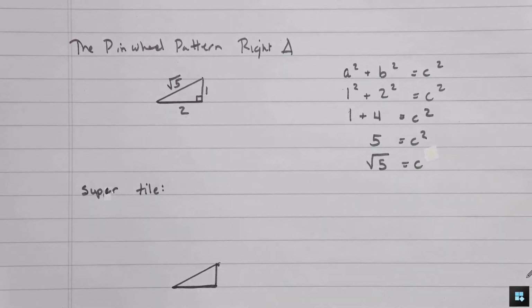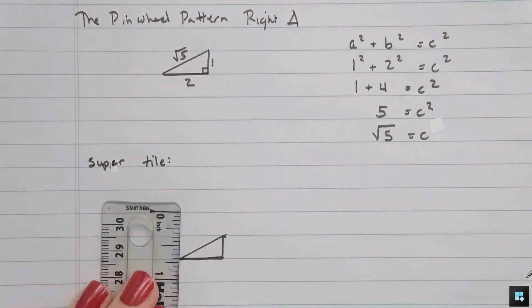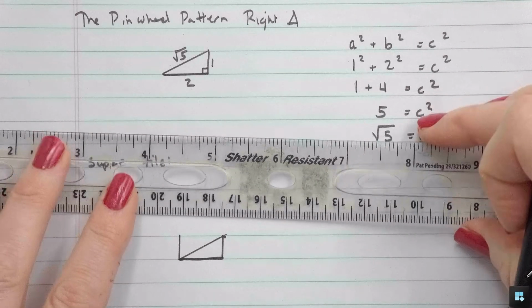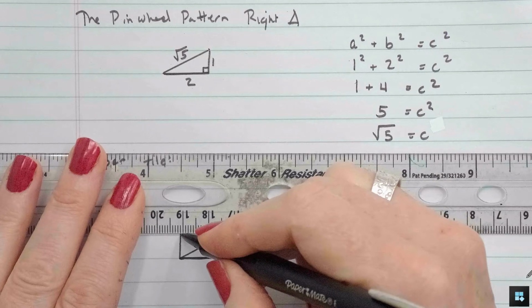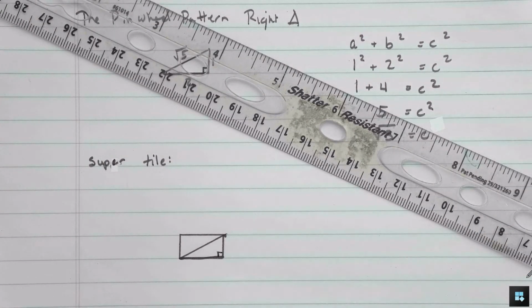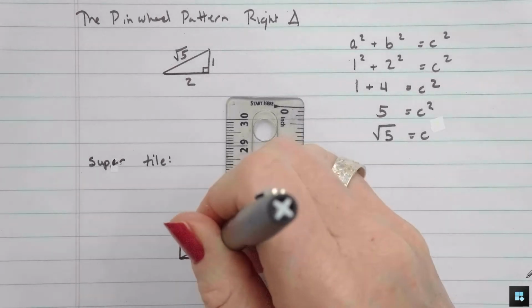And then we talked about how to make a right triangle into a super tile in class. So you had me flip this vertically and stack it into a rectangle. So it's still 2 units wide and 1 unit tall. And then you had me stack another one on top and move one out front.